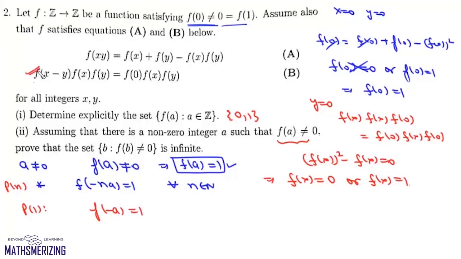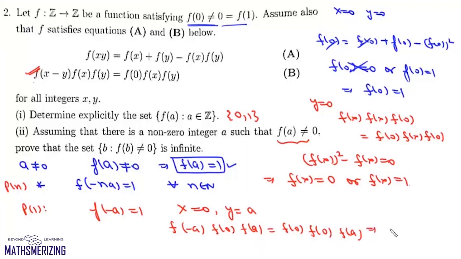Now in this equation, if we put x as 0 and y as a, we'll write f of minus a into f0 into fa will be equal to f0 into f0 into fa. Now f0 is 1 and fa is also 1. So from here we can say f of minus a equals 1, that is P1 is true.